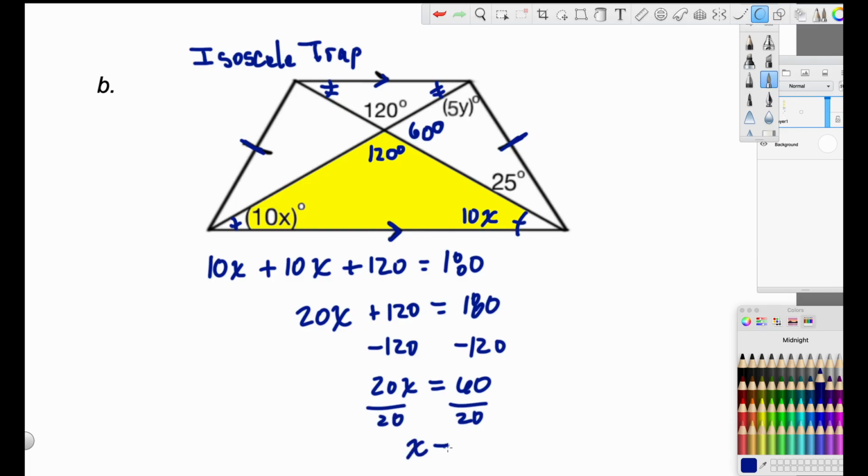X equals 3. So if I put 3 back in here, that would make this 30 degrees and this 30 degrees, right? And 30 plus 30 plus 120 is 180.